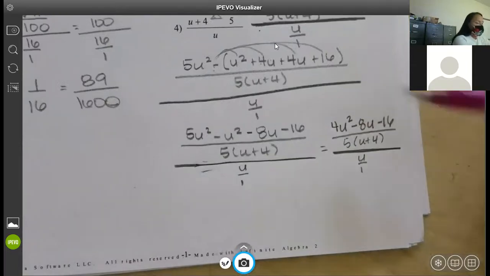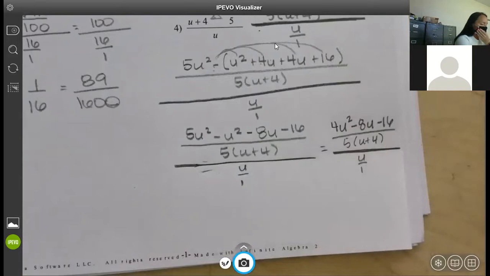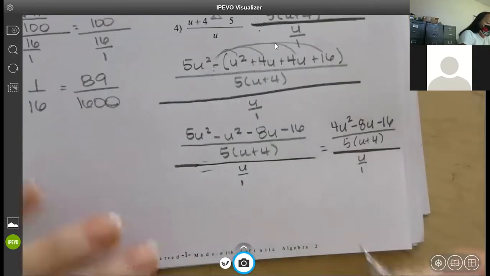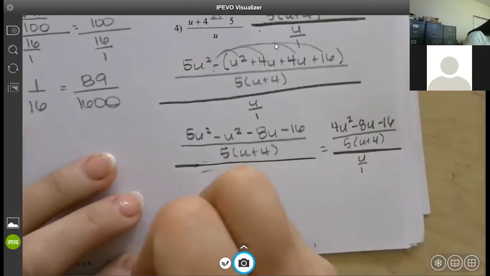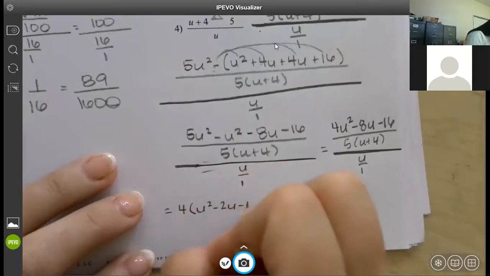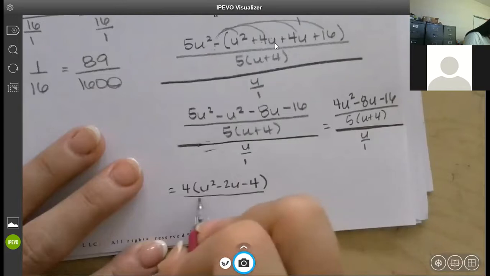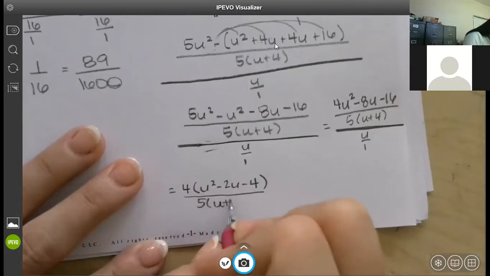So then once you get it put together, what do you notice about 4, 8, and 16? Yeah, so I'm going to redo it down here. U squared minus 2u minus 4 over 5u plus 4.